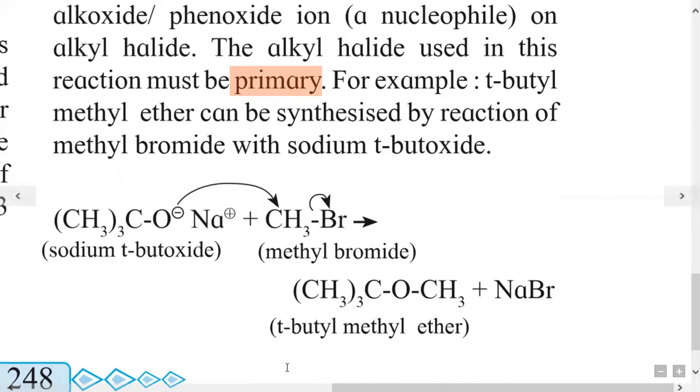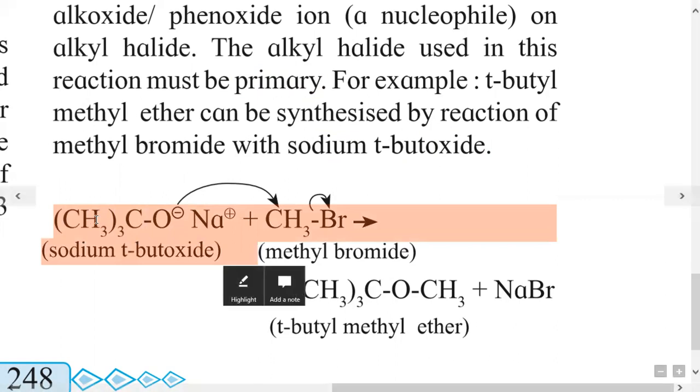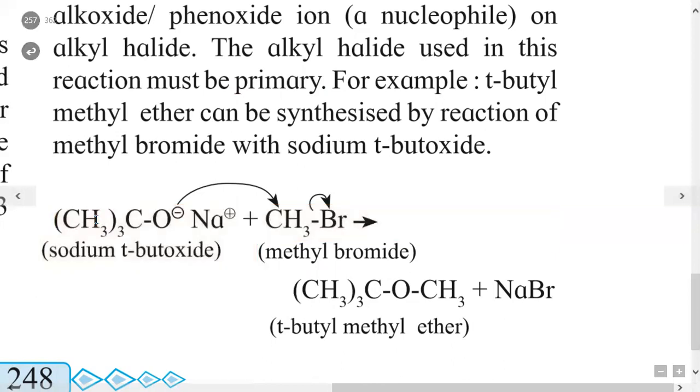And this sodium tertiary butoxide can be used along with this primary alkyl halide. The equation is: sodium tertiary butoxide attacks on methyl bromide. This is a primary alkyl halide. This is a backside attack, that is, attack takes place opposite to the leaving group, that is the bromine, and the formation of ether takes place.